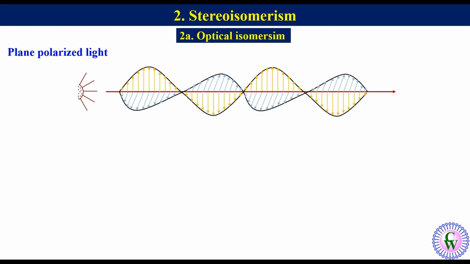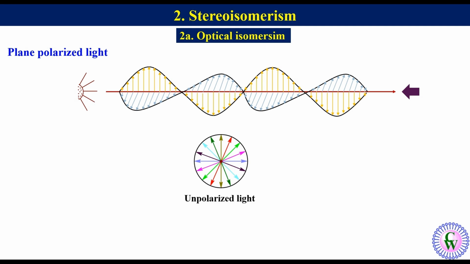If we look from this side, then the oscillation of the light wave will be simpler and can be shown like this. Here, the double-headed arrows of different colors are the planes of oscillation. This ordinary light, which has oscillations in infinite number of planes perpendicular to the direction of propagation of light, is called unpolarized light.